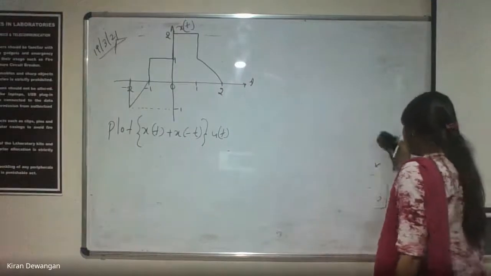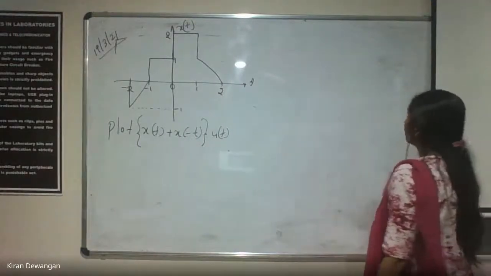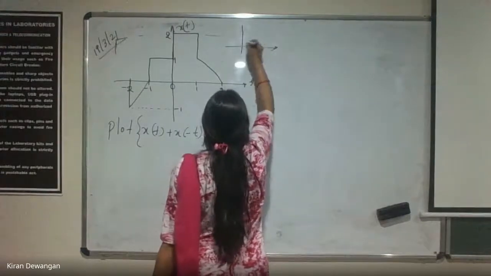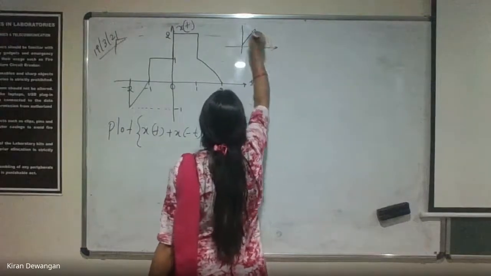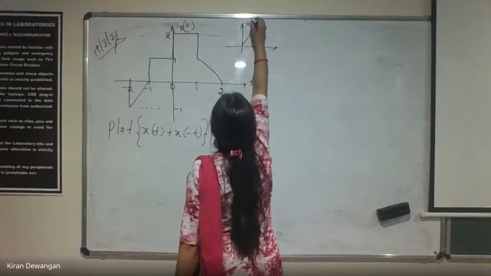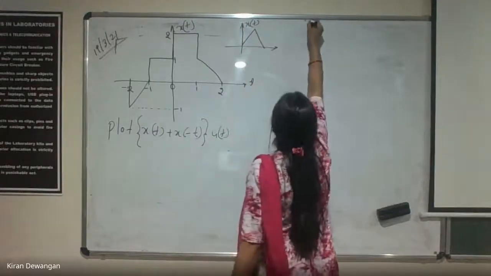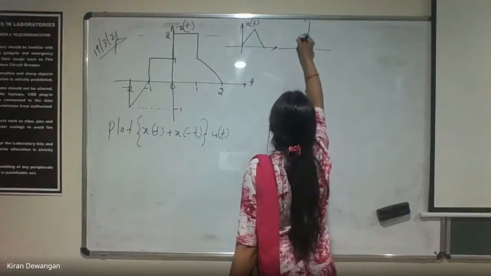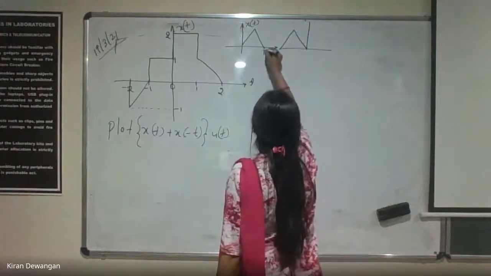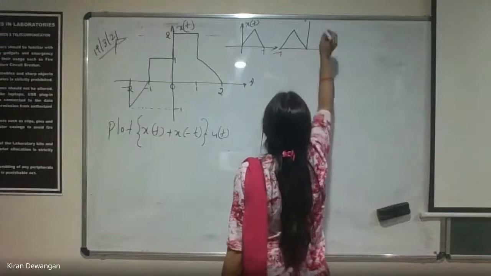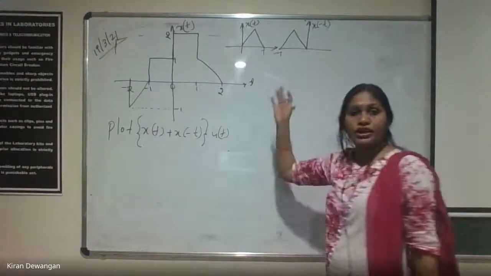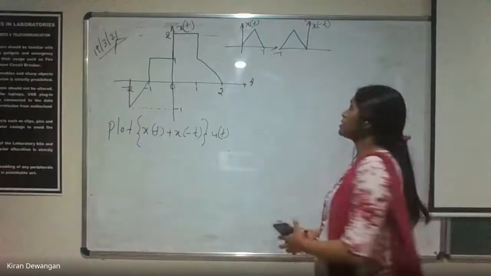If we are plotting xt, any xt, let us take my xt is this function. This is my xt. If I have to plot x of minus t would be this function. This is up to t, this will be up to minus t. This will be x of minus t. So it is just a reversal of time.